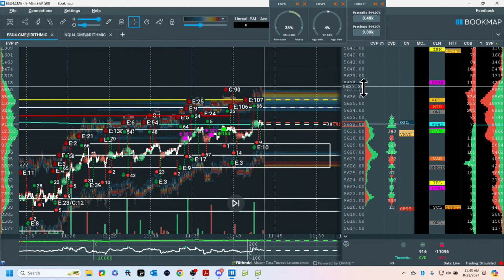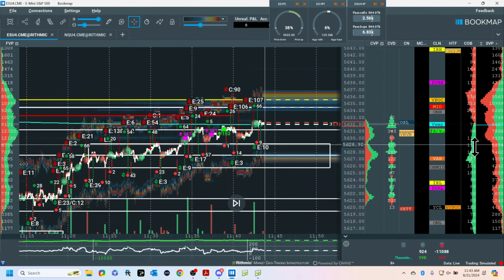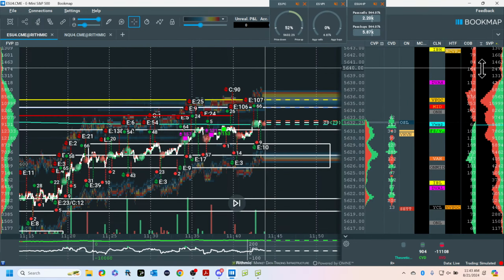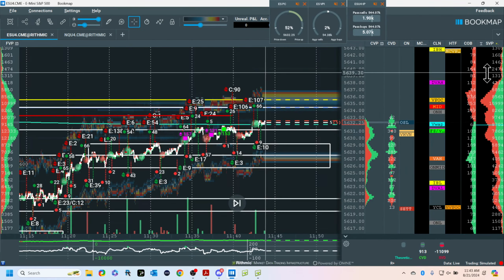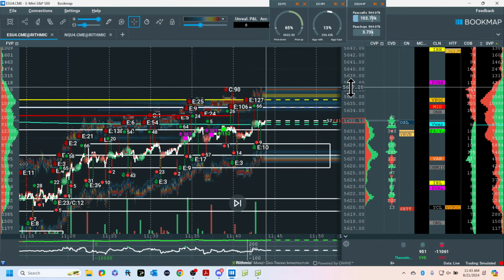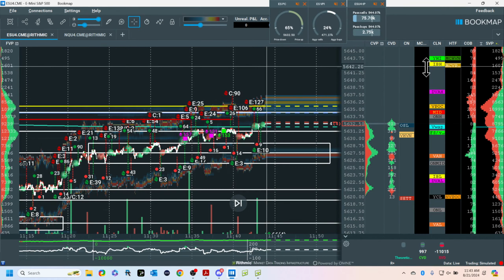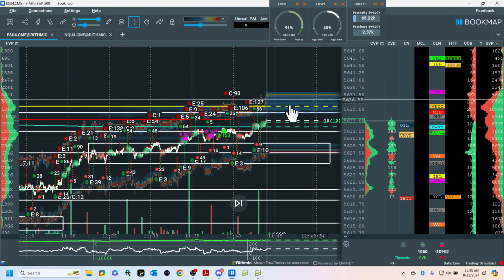If I get above here, this is my next target. It might only do this and just go into rotation. FOMC minutes are going to be released. Not a big deal, but everybody will probably put a helmet on. You never know. But this is the target, and you can just manage your trade.